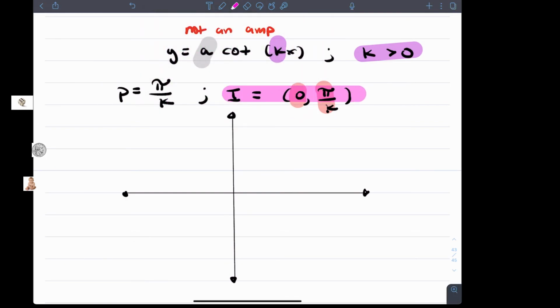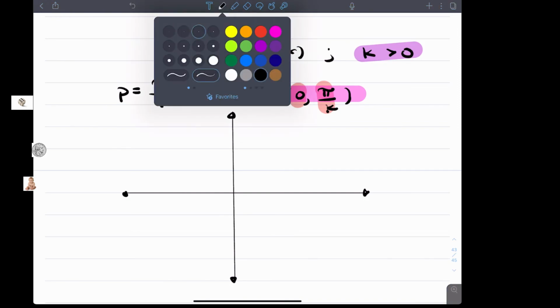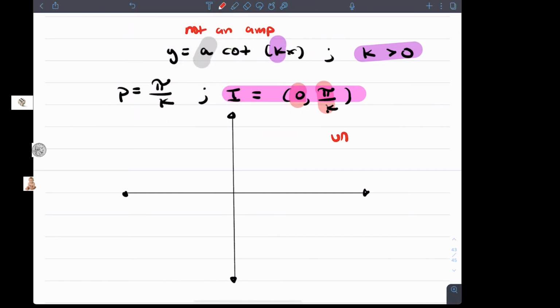I mean, that's important enough. But you have vertical asymptotes at x is 0 and x is pi over what? K. Okay? So it has those imaginary lines you just never cross. These are all imaginary vertical lines. And I'm going to put it on this side instead because I'm going to use this here.